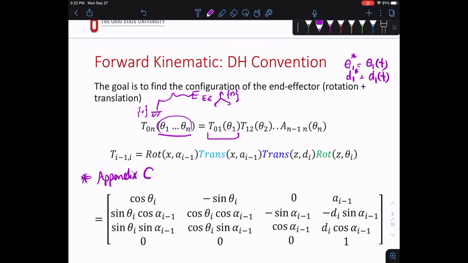Okay. Now every one of those T's is equal to this multiplication. Now I call this the big matrix. We're going to use the big matrix every single time, for every one of those, we're going to create this. But when you code, you write this one time. We're going to create a table that represents theta i, d i, all the variables.